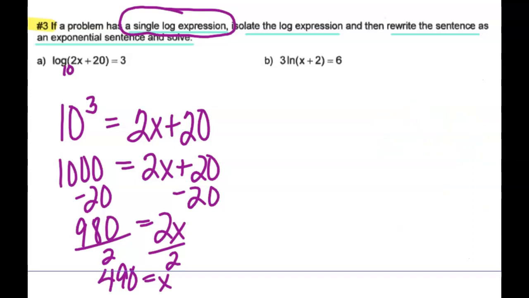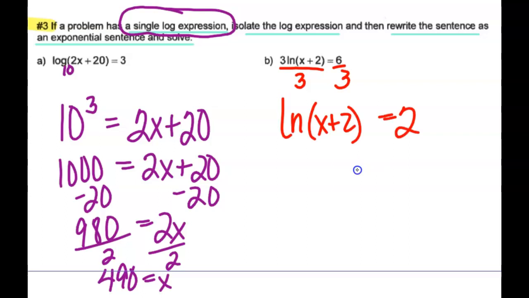Okay. What's wrong with this one, though? Before we do anything, our Algebra 1 brain needs to kick in and say, I got to divide that 3 off the front. So I have the natural log of x plus 2 equals 2. What is the base on this problem?